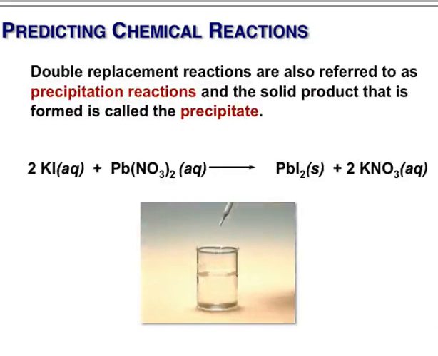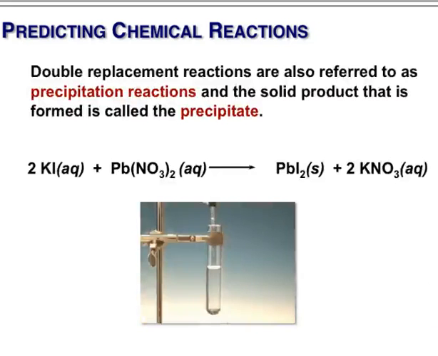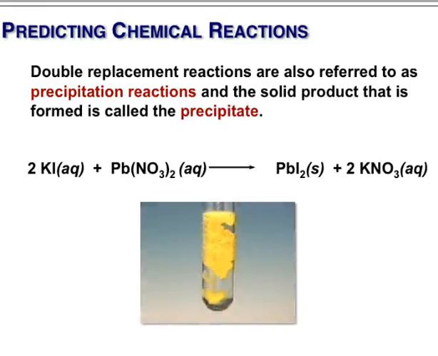You see, we start off with 2 clear solutions. As soon as they mix, we form lead 2 iodide. Lead 2 iodide is a solid. It's insoluble in water. If we sat and watched it, it would fall down to the bottom and give a little yellow plug.